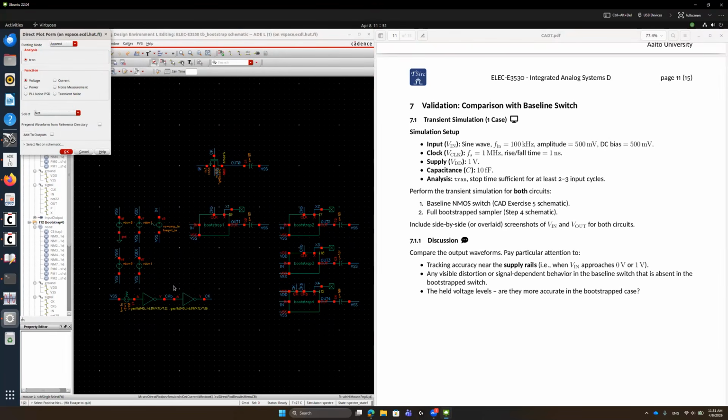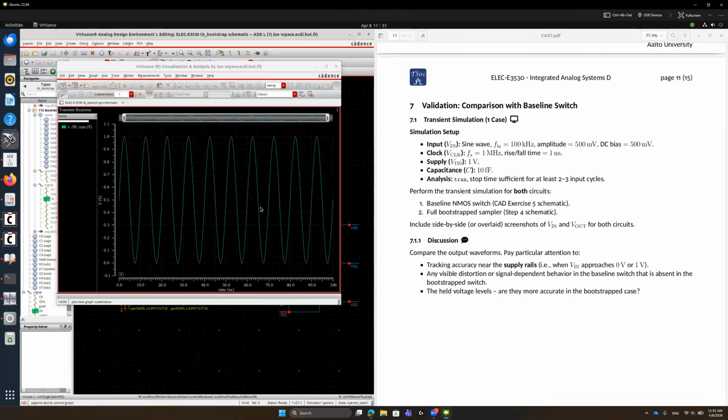So the input is here. Yeah, 500 millivolt bias and amplitude is 500 millivolt. In this case, amplitude means really amplitude here. It doesn't mean peak-to-peak voltage. This is amplitude. This is amplitude peak-to-peak.